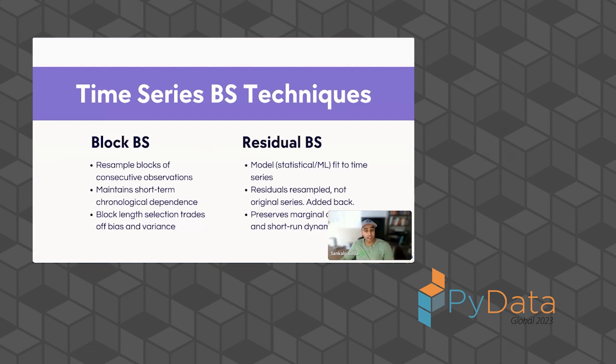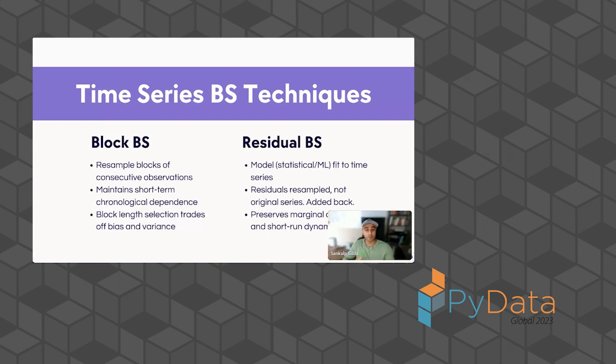The key, as you can then imagine, is selecting the appropriate block length to trade off bias and variance. This library gives you other methods like residual bootstrapping, where instead of resampling the original time points, you fit a model to it. You get the residuals, and then you resample those residuals.